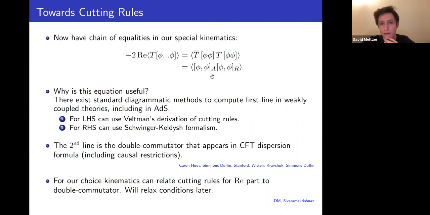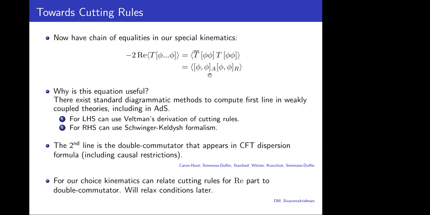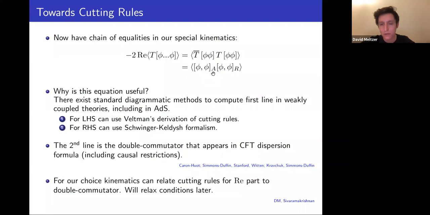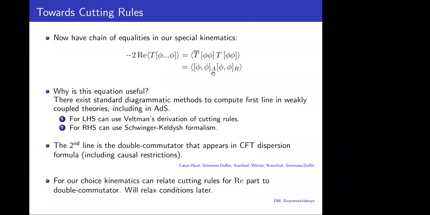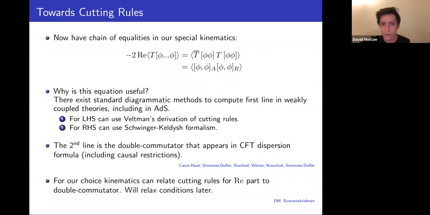There's another OPE argument: inserting a complete set of states between two of these double commutators, the commutators project out stuff that appears at infinite n, or in the free theory, because commutators vanish in free field theory. So that's one argument.